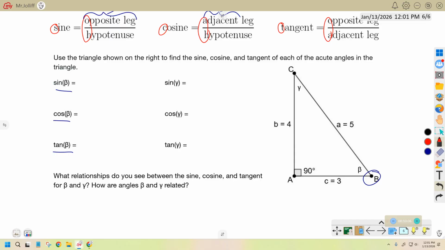And then for angle gamma, which is this guy up here. Yeah? I am going to put about 5 minutes on the clock. I would like you to set up those fractions. SOHCAHTOA.